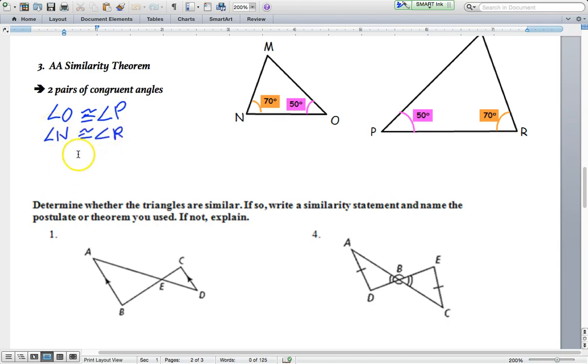Because of that, so we can say triangle MNO, similar to triangle.